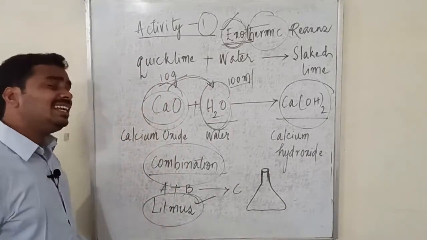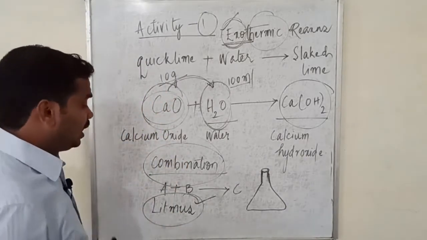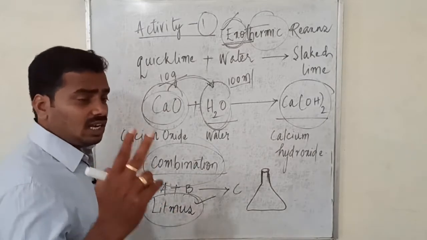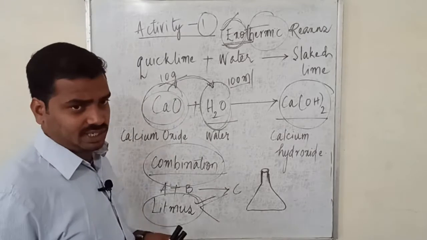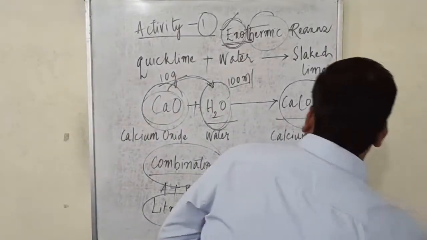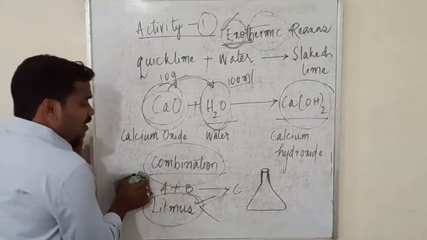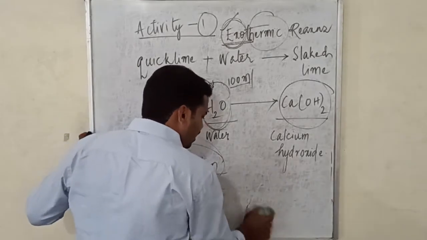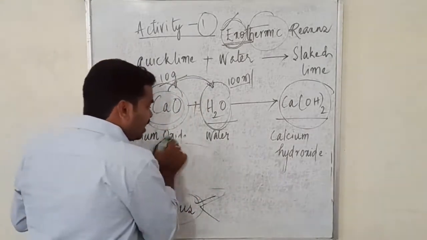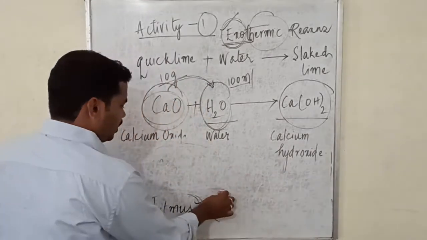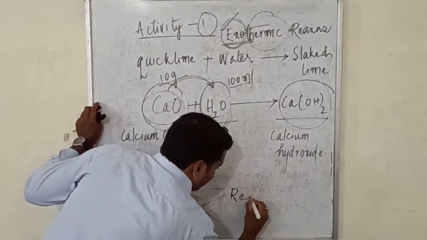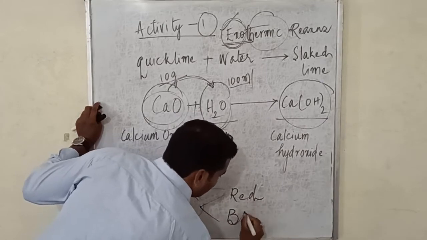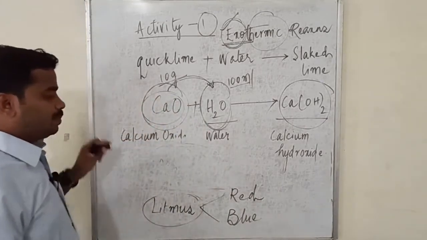Litmus paper has two colors. Two types of litmus papers exist, one is red and the other is blue. Here you have to use both kinds, red litmus paper and blue litmus paper.